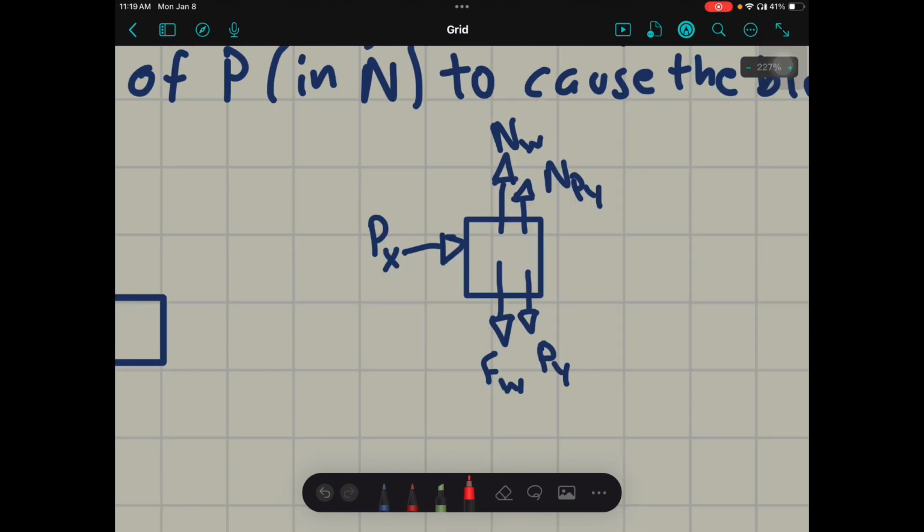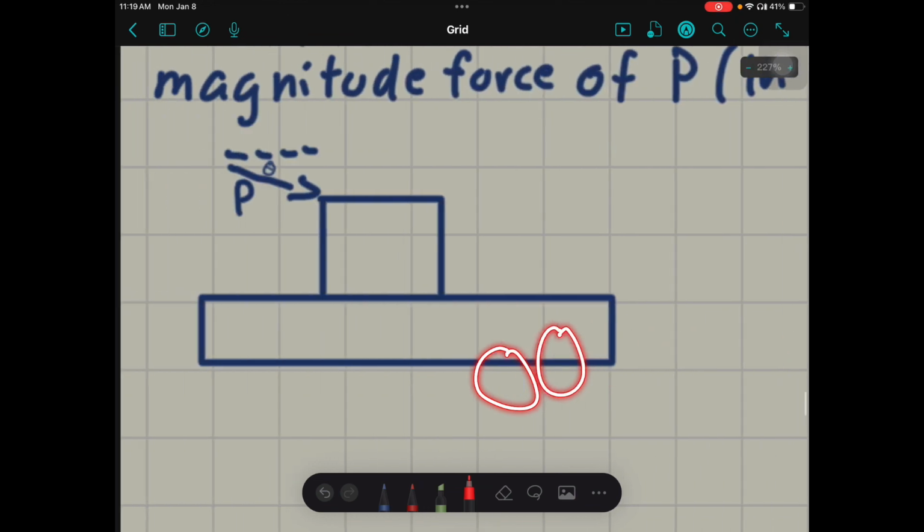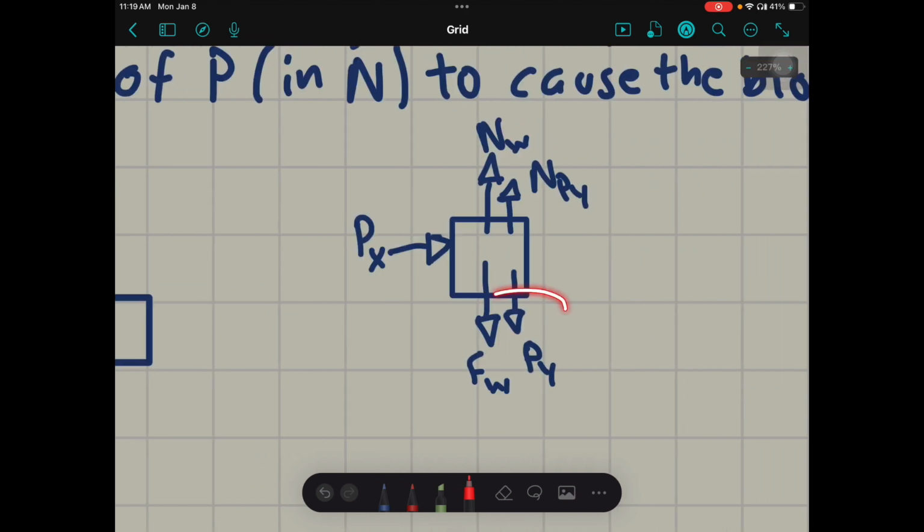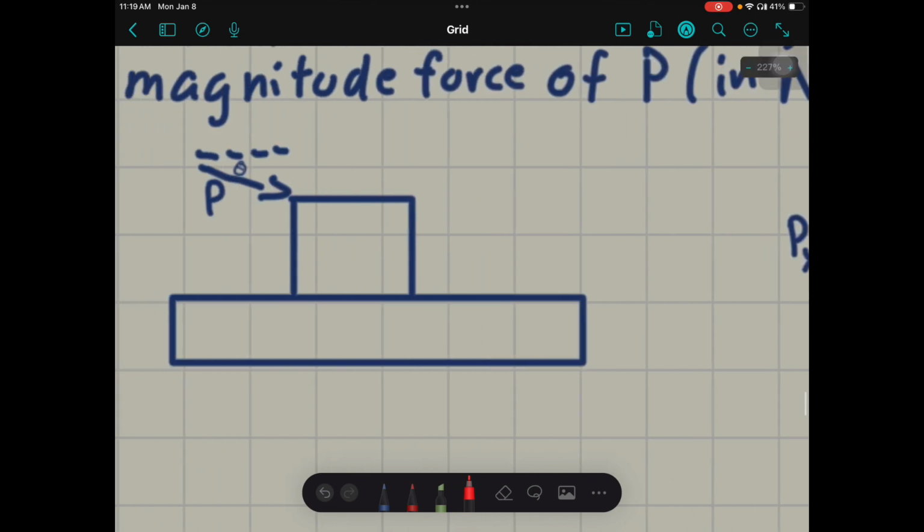Making a free body diagram, we have the force vector Px pushing it to the right, and then we have the weight keeping it down, and the force in the Py direction, because Py is going downward, right? Now, because these forces are pointing downward, it has a normal force because it's on a surface right here.